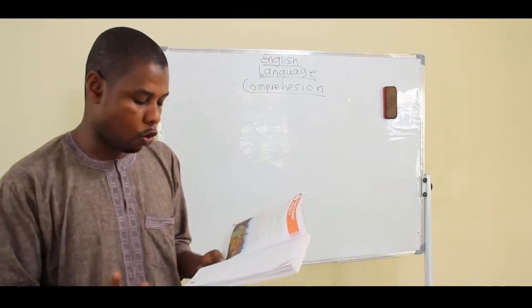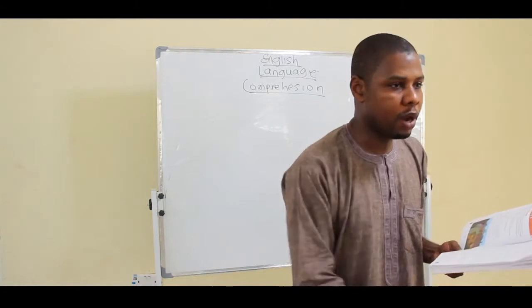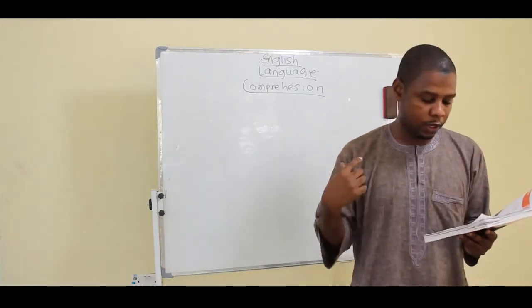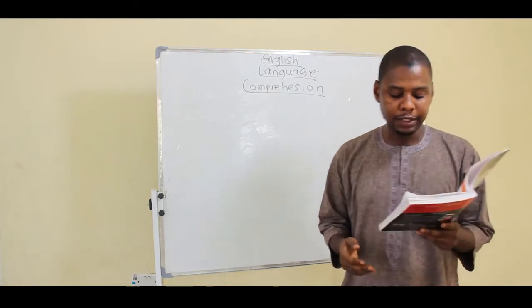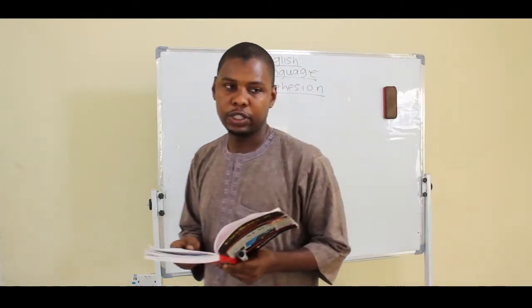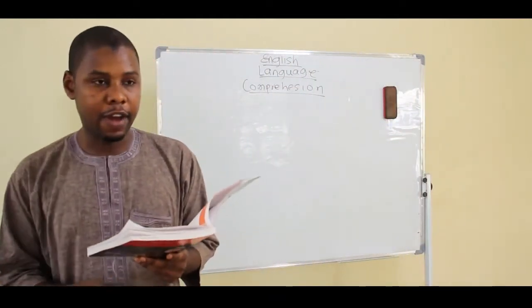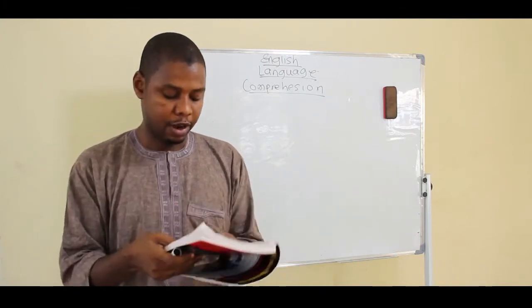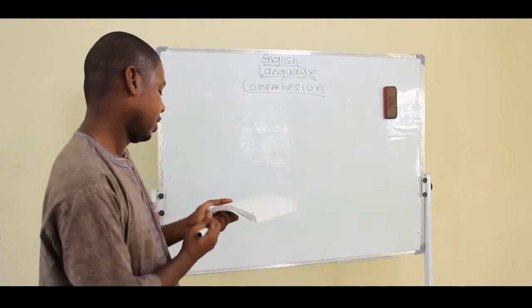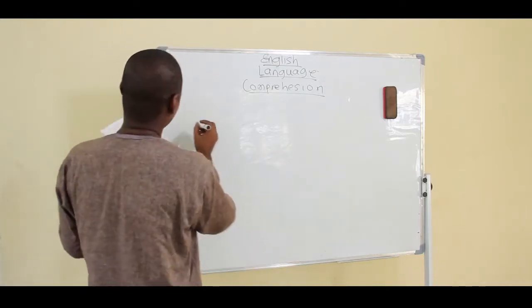So I'll give you the options, and we'll see if you can remember without necessarily going back to the passage. Now, option number 1: chicken, farmer, scientist, eagle, mountain. Right, that's option number 1. Let me write it down for you.